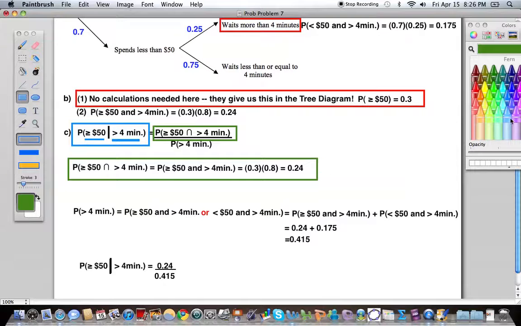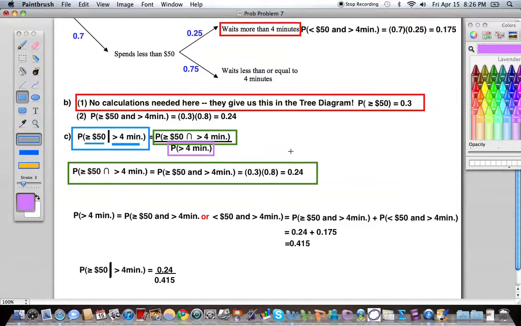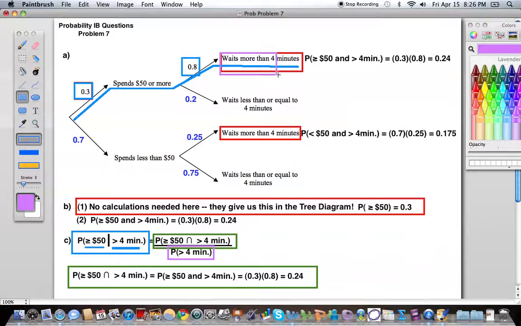Now we're going to look for the probability that a customer is waiting for more than 4 minutes. Well, that's in 2 places. We talked about that earlier. We have 2 places where customers wait more than 4 minutes. Either they're spending $50 or more, or they're spending less than $50. So we already multiplied up this way to find the probability that a customer spends $50 or more and waits more than 4 minutes.